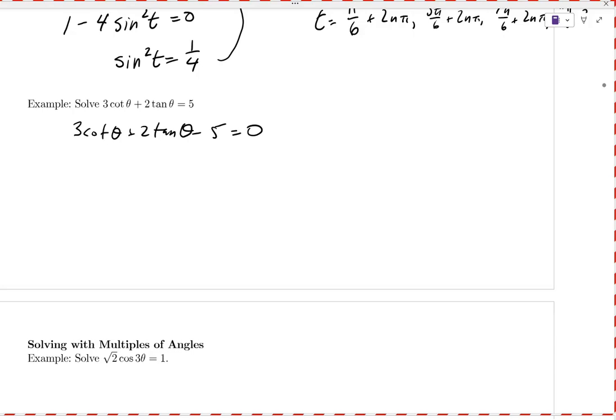One over 3 tangent for the 3 cotangent. We put it in tangent. Okay, so do I move the 3 with it though? No, because notice it's 3 out in front of the cotangent. So same idea. We want to make sure that we're writing everything in terms of the same trig function, right? So probably better to rewrite cotangent in terms of tangent. So you would have 3 over tangent.